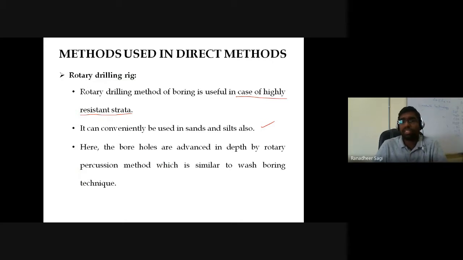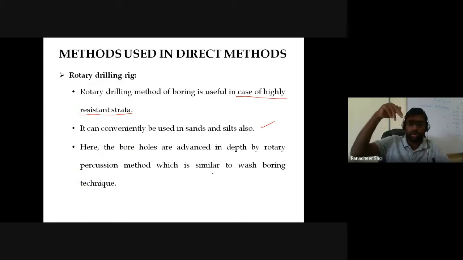Here the boreholes are advanced in depth by the rotary percussion method, which is similar to your wash boring technique. But in rotary drilling, you are applying some pneumatic pressure by which you make the rotation or holes into the ground to extend the borehole, whereas in wash boring, you are making use of a water jet to cause shearing in the soil, by which you are extending the borehole.